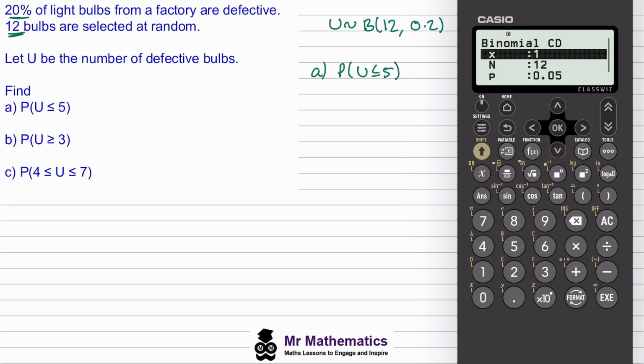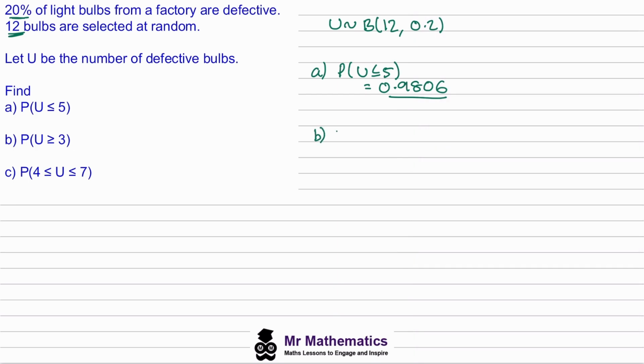Our X value will be this value of 5. We have 12 trials and a probability of success of 0.2. Then we can execute this, and we get the probability of 0.9806.